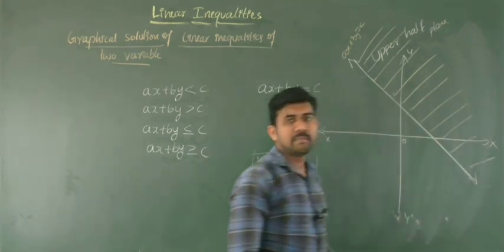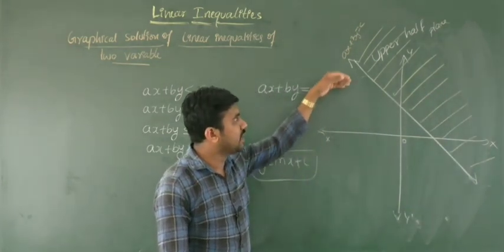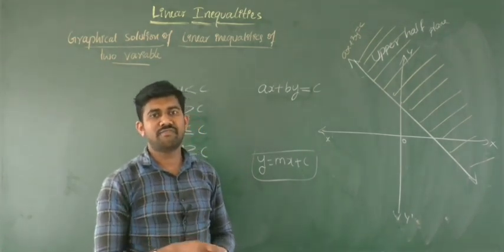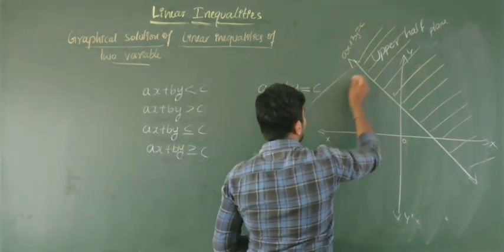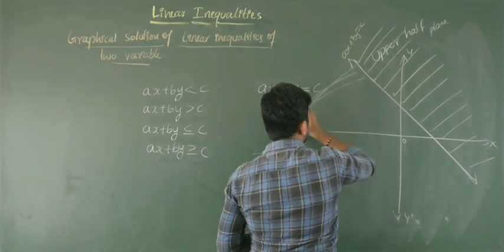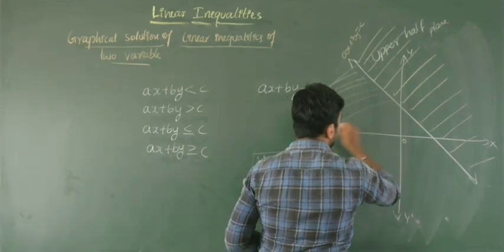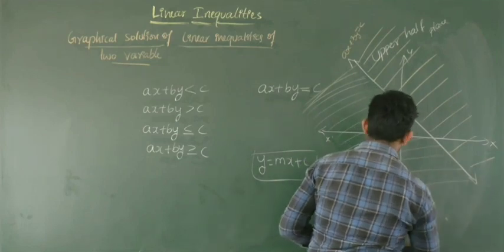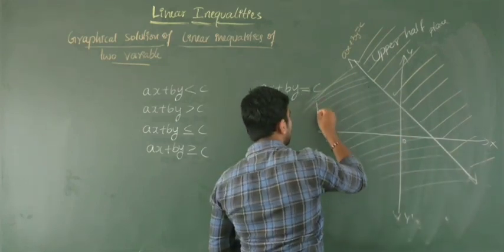Similarly, the plane which is obtained below this line is called the lower half plane. So this region you can observe, this half plane, this region is the lower half plane.